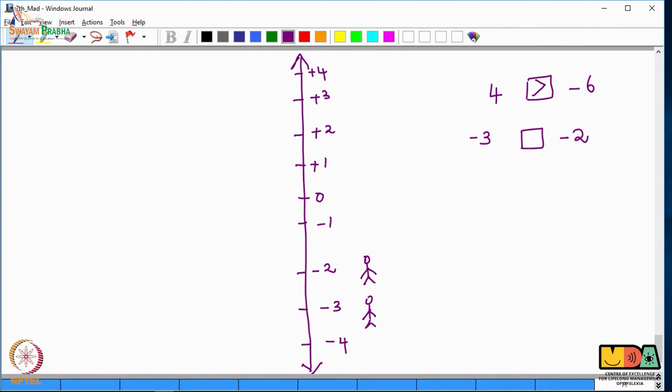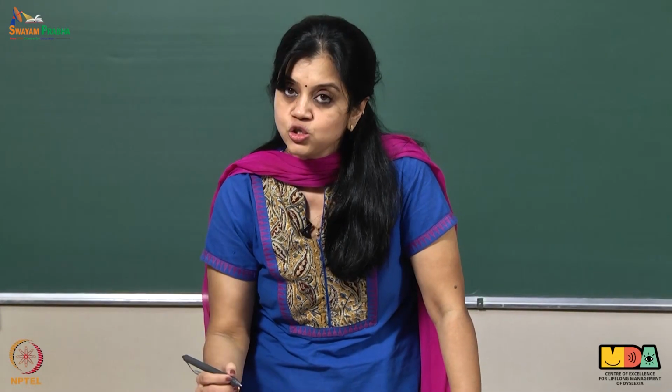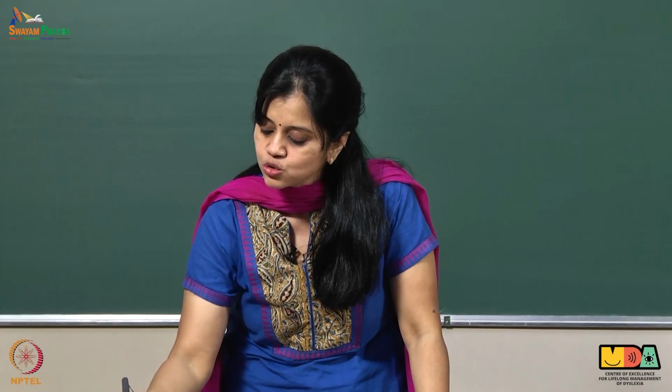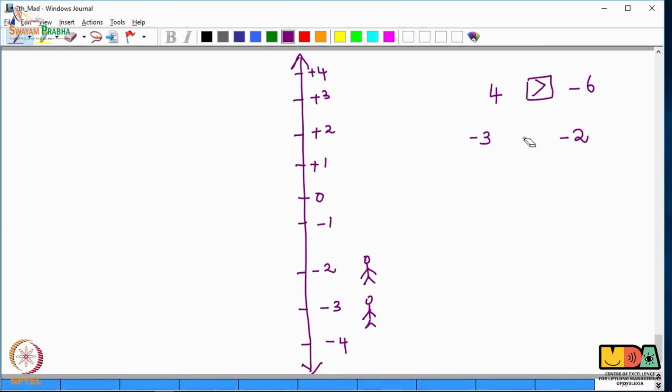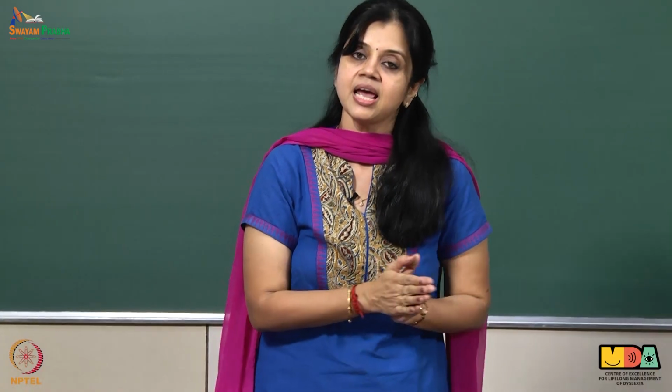So, who is bigger or who is greater? -2 is greater, and remember, the crocodile always opens its mouth towards the greater number. So, they need to put this sign. It becomes very easy for them to relate to and understand, and they do not make mistakes at all.